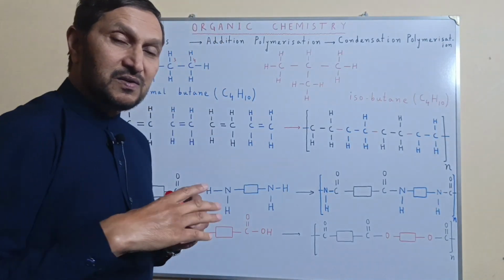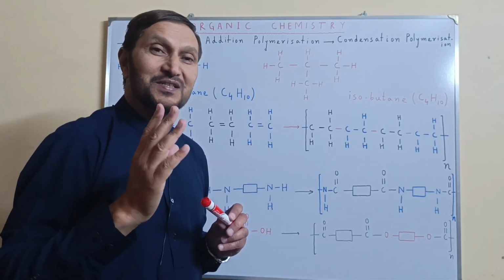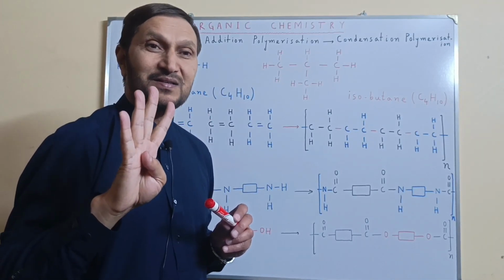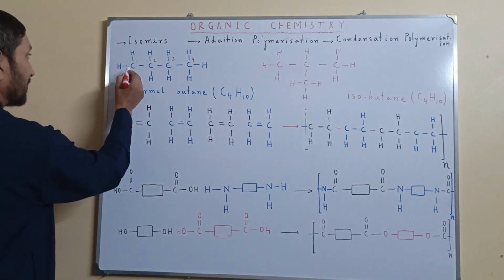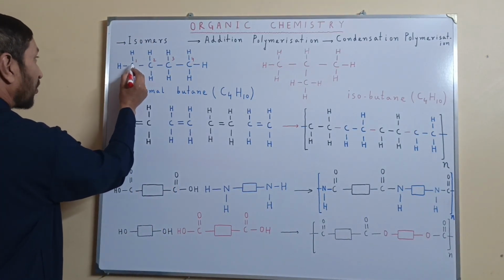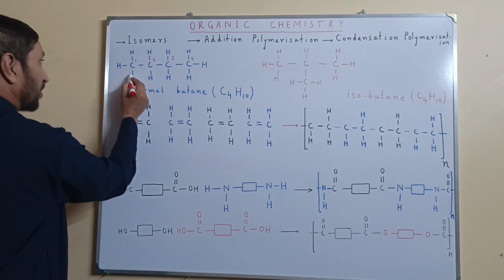So these 4 covalent bonds will be represented by 4 lines. As I mentioned in the structure, carbon is surrounded by 4 lines, 1, 2, 3, 4.